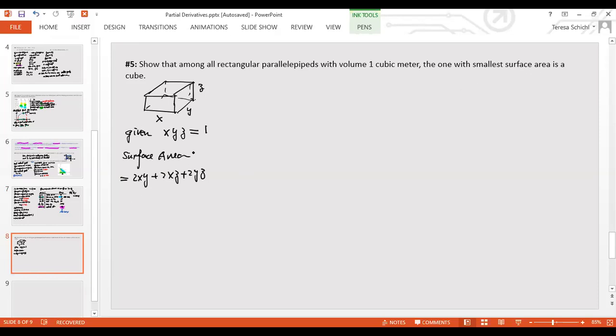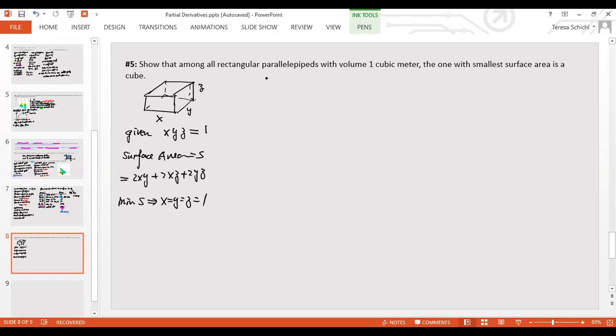That means if S is at its minimum value, then x equals y equals z equals 1 here. Okay, so let's take a look and see if we are able to show that or not.